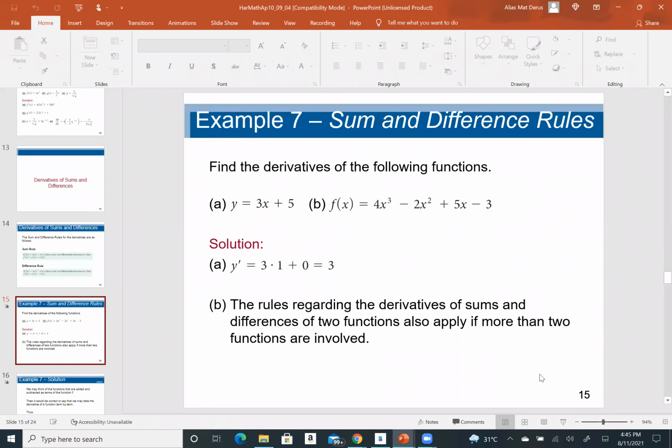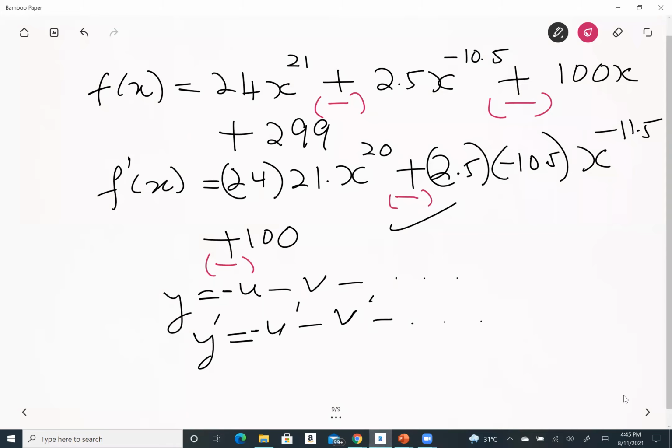Any question? I will give you some homework problems for your practice. Homework is basically 9.4. You just practice all the rules that we just learned. For 9.4, you can do from number 4 up to number 14.